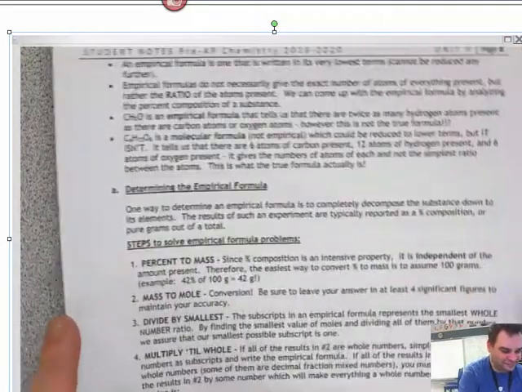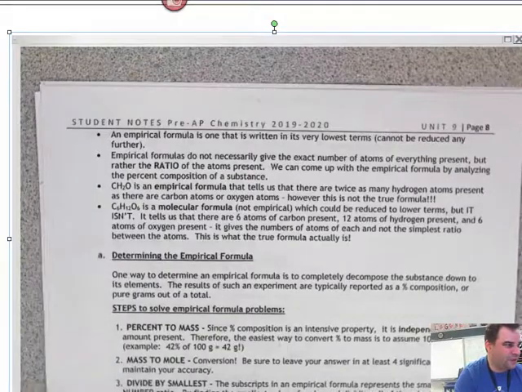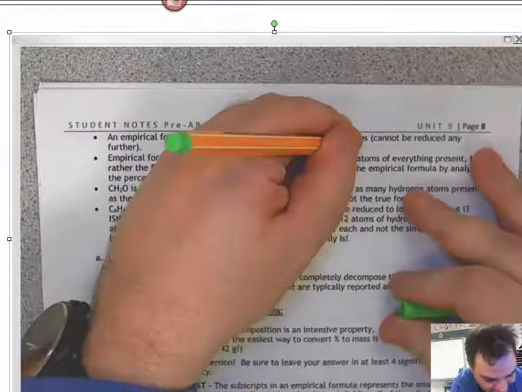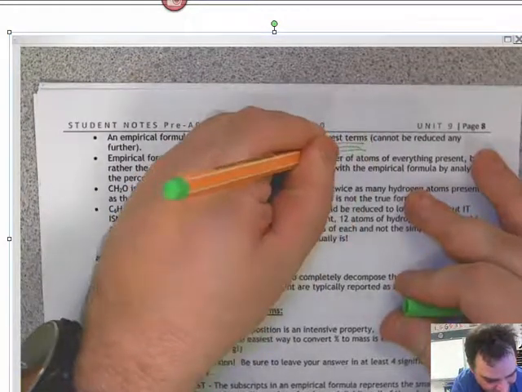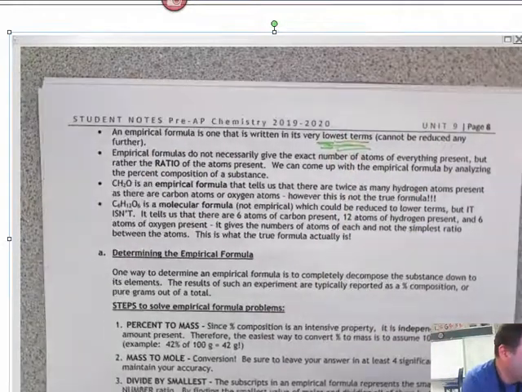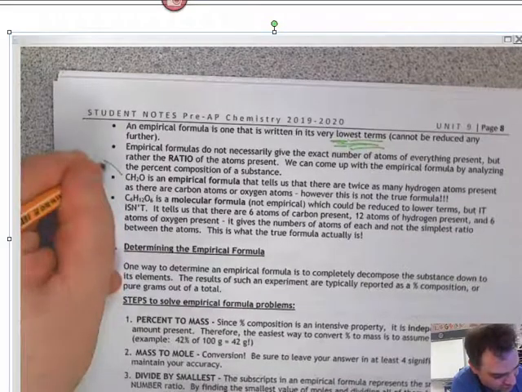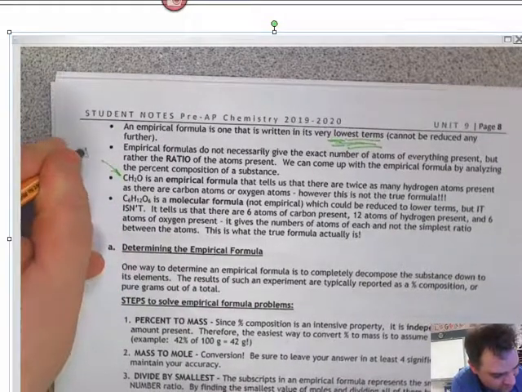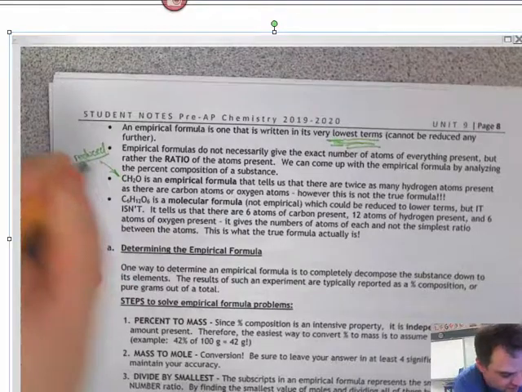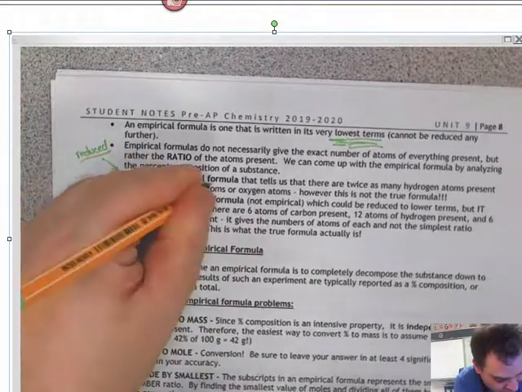Okay. Empirical formulas are written in the lowest terms. Empirical formulas do not give you the exact atoms of everything present, but they give you the ratio of what they are present with. Okay. This one is reduced, so that is an empirical formula here.